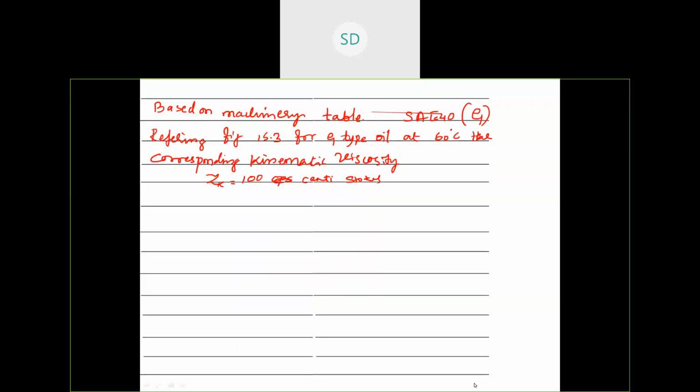Someone referred, I think it is 55. So the kinematic viscosity here is 55 centistokes. Now convert this in terms of absolute viscosity. How are you going to convert? Any idea? You need to convert this kinematic viscosity in terms of absolute viscosity.